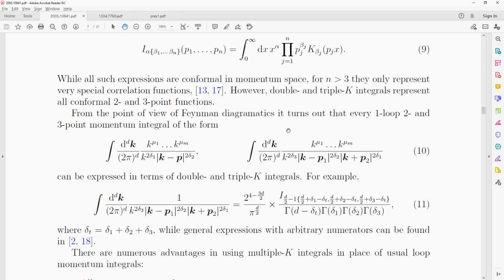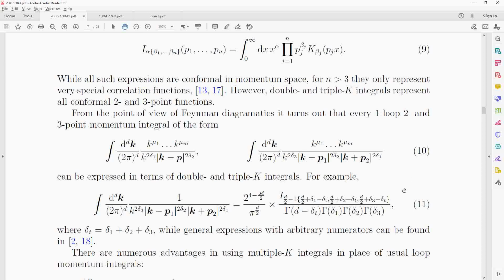All of these can be expressed in terms of TripleK integrals. So here we have an example of how it works for just a scalar numerator, and we have TripleK integrals on the right. And so now all these integrals can be reduced to TripleK integrals.